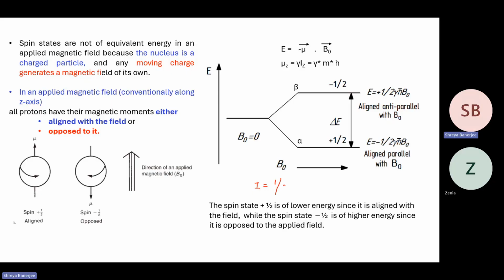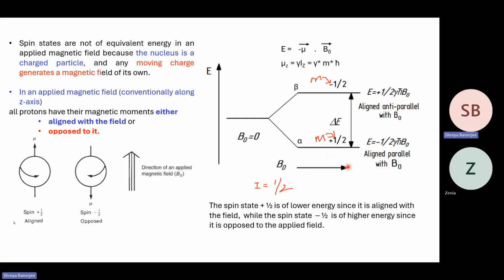We know if I equals half, m can be plus half or m can be minus half. With these two values of m, if we put them in the equation of E, we can see that when m is plus half, this minus sign will come and the net energy will become minus half gamma h bar B0, which is what is written here.